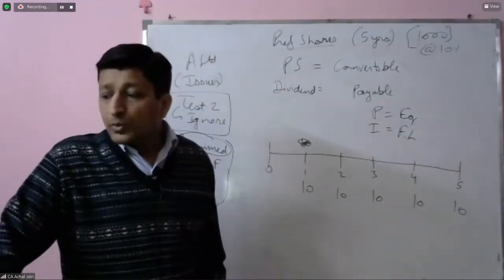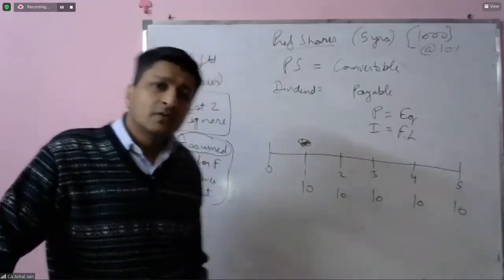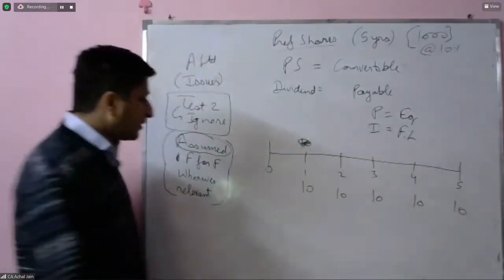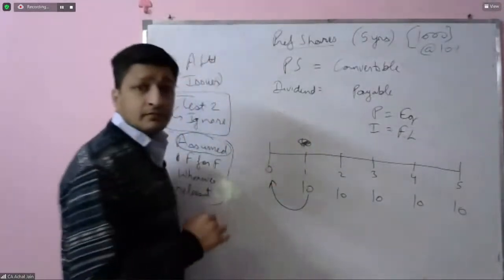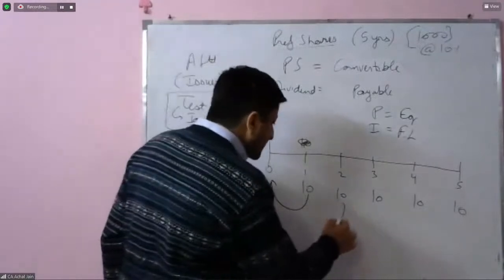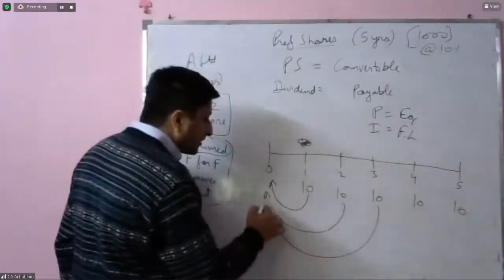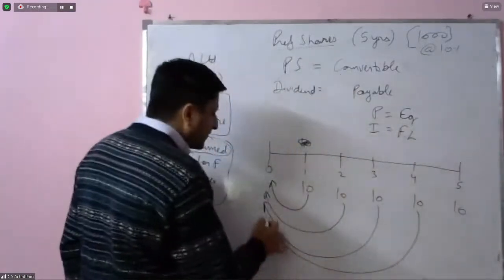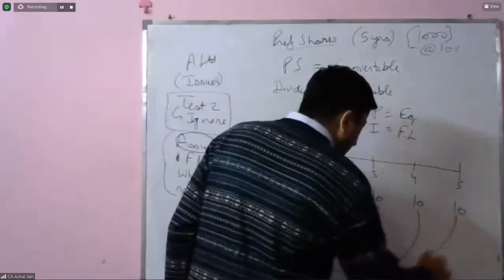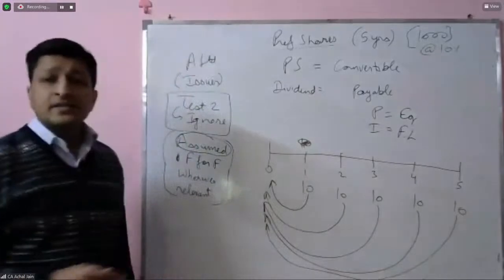We need to compute the financial liability by taking its present value. And how do we take the present value? We will compute the present value of each rupees 10 payment on day 0.